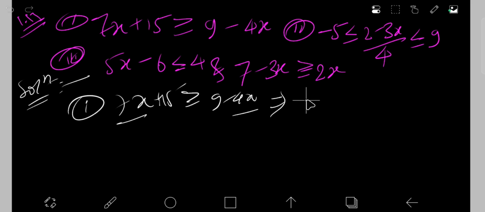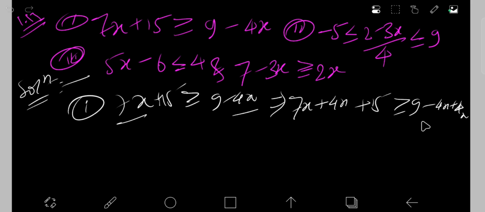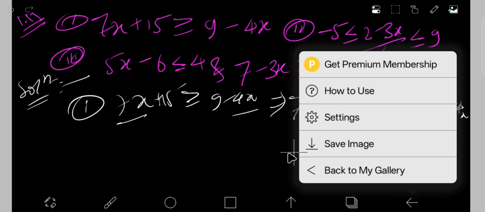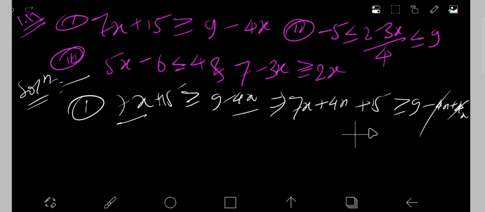When we add 4x to both sides, we get 7x plus 4x plus 15 greater than or equal to 9 minus 4x plus 4x. This 4x and this minus 4x cancel out.